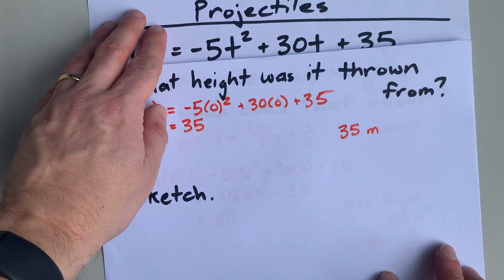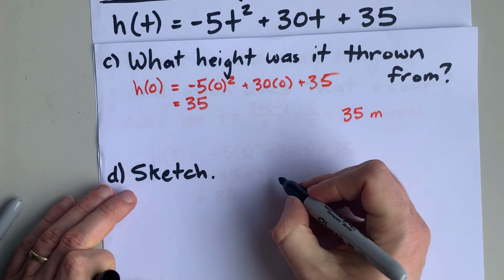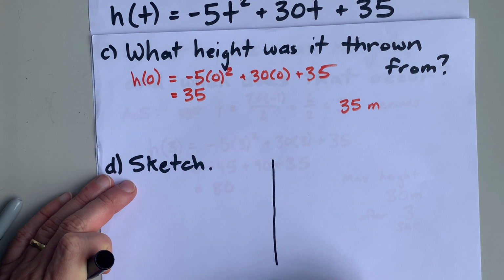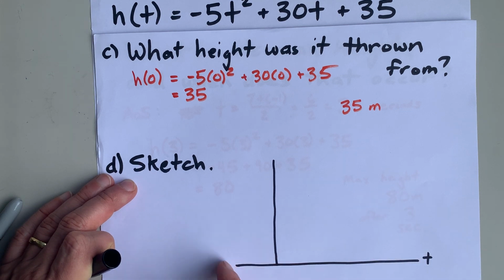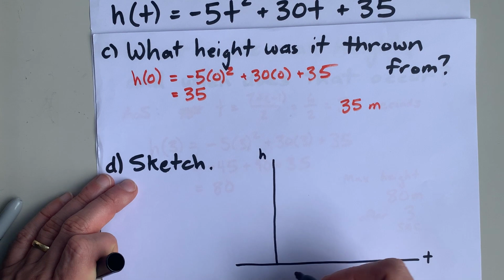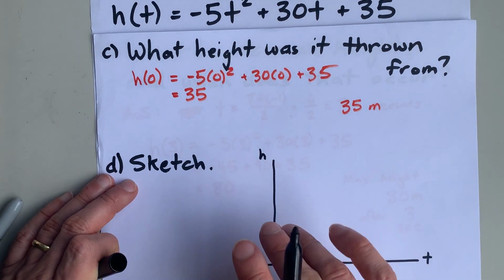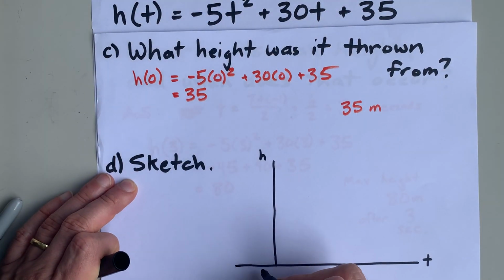And we can combine all of that information to create a sketch. Now I'm going to draw this with just a little bit of extra room to the side here. Time can't really be negative in the context of this question, but I'm going to put my t-intercept there anyways, just to demonstrate. I've got x-intercepts at 7 and negative 1.